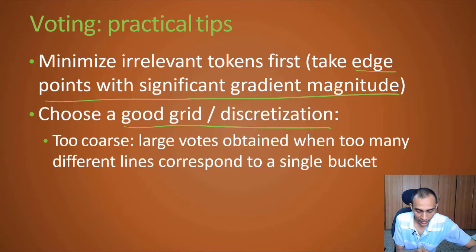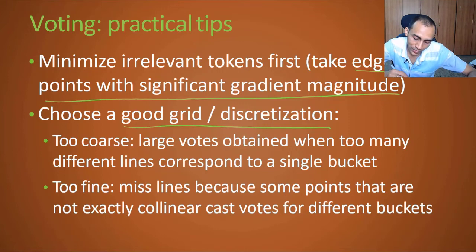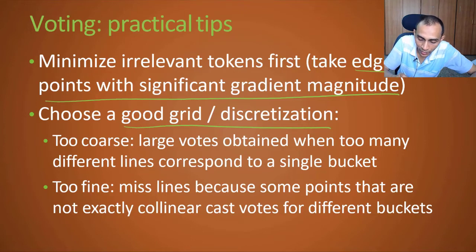If you make it too fine, there is also a problem, because you may miss some lines, since some points are not exactly falling on that line. Let us say we are interested in detecting this line. Your exact location is this, but some points are lying somewhere here, some somewhere here, because of noise.